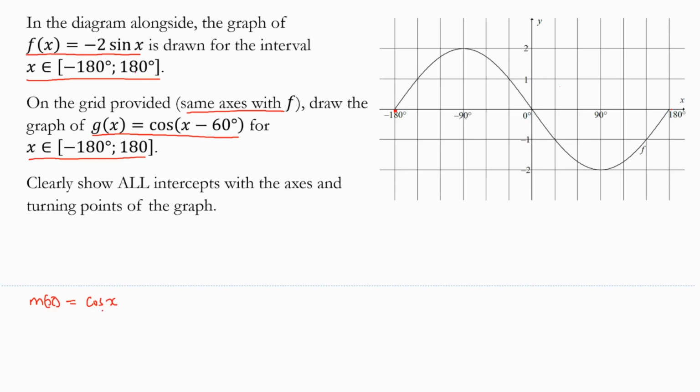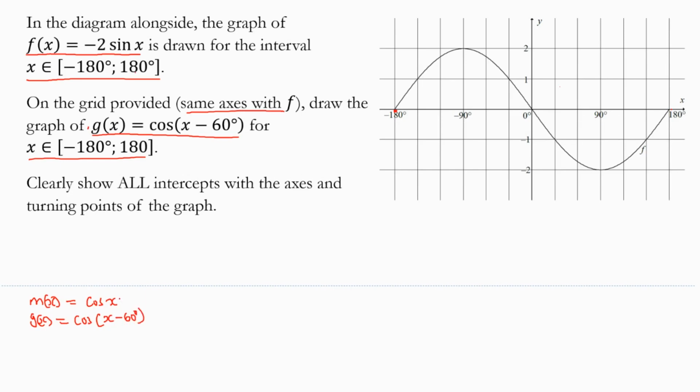If m(x) = cos x, what happens to m(x) to form g(x)? It means m(x) is translated, or shifted, by 60 degrees to the right.